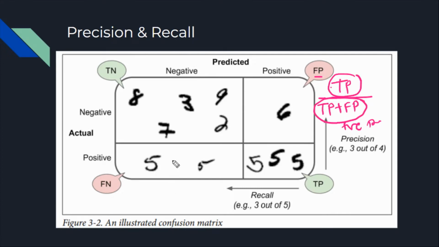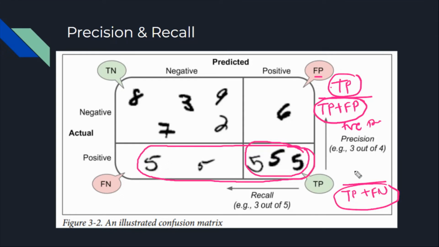Recall is, from my total actual positives, how many values are predicted correctly. Formula-wise, these are my actual positives, that is TP plus FN, which is 5. From these actual positives, only 3 values get predicted.